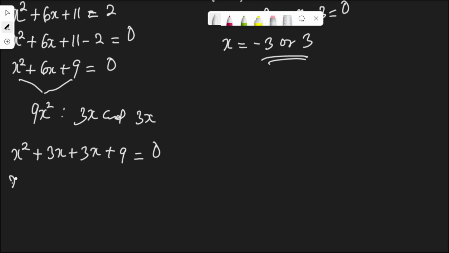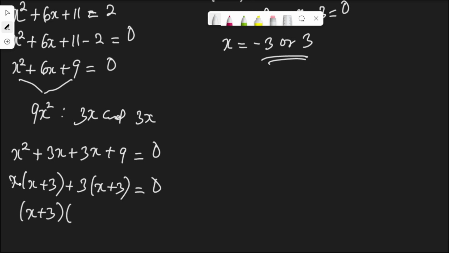Grouping it two by two, I'll have x into x plus 3, that is the first pair. Then this second pair, 3 is common, into x plus 3 equal to 0. Therefore, x plus 3, which is a common factor, we group it together: x plus 3 times x plus 3 equal to 0.